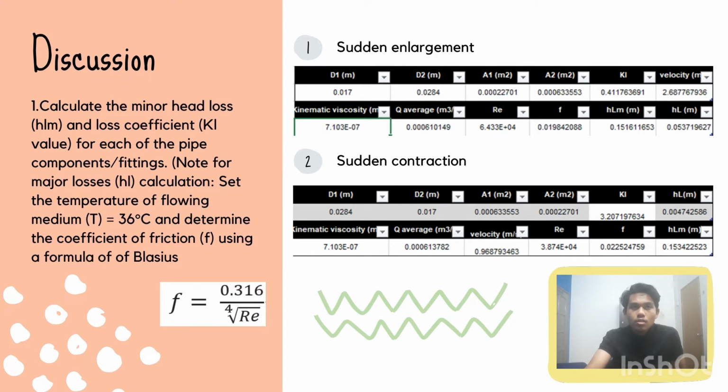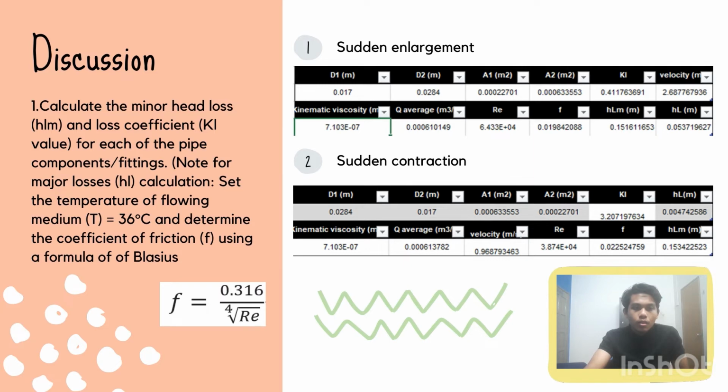It is also stated to find the minor head loss. The formula for the minor head loss is KL times V square over 2g. The KL we have calculated, and also the V, and 2g, g is a constant. So from there we can find the minor head loss in meter.